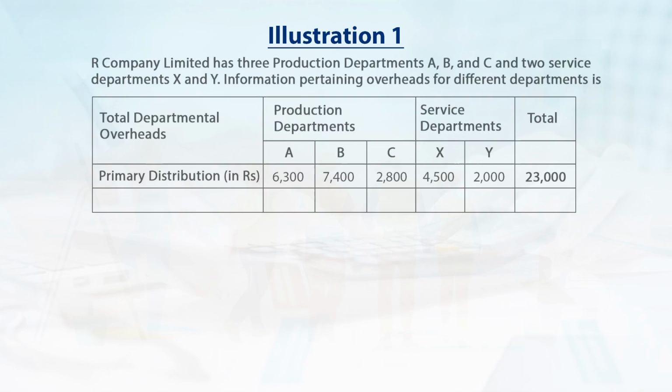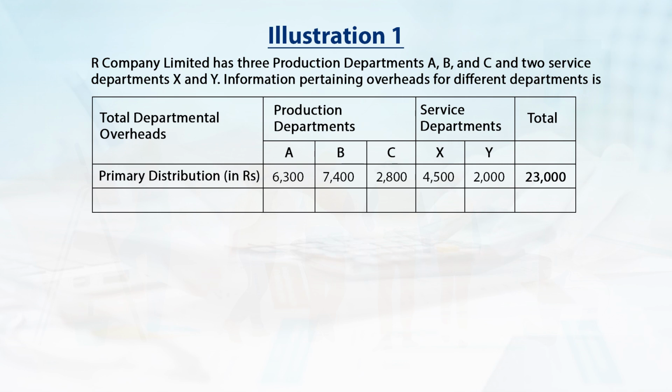Now, let us understand with the help of an illustration. Illustration 1. R Company Limited has three production departments A, B and C, and two service departments X and Y. The detailed information is given in the table.